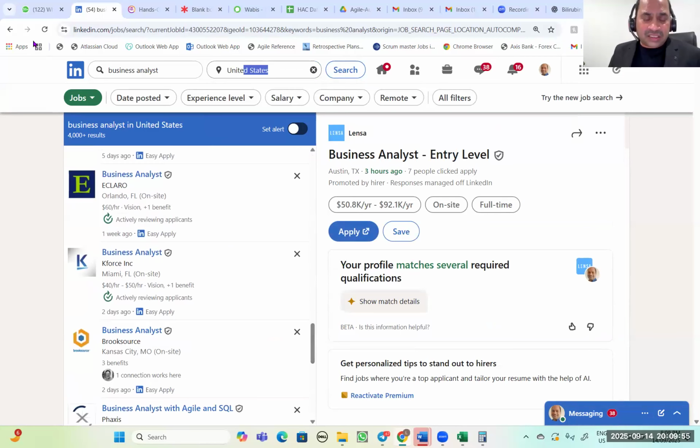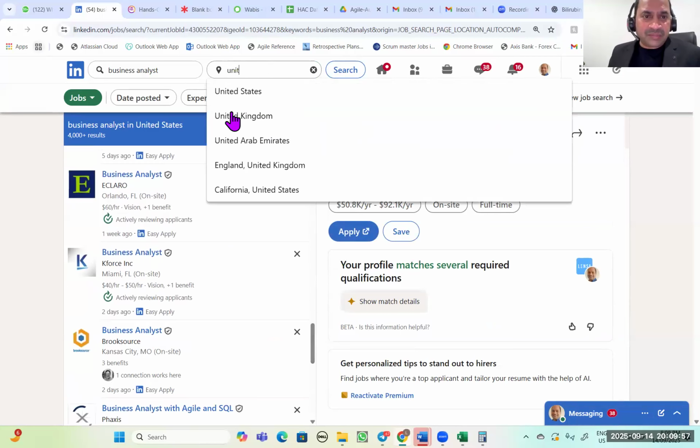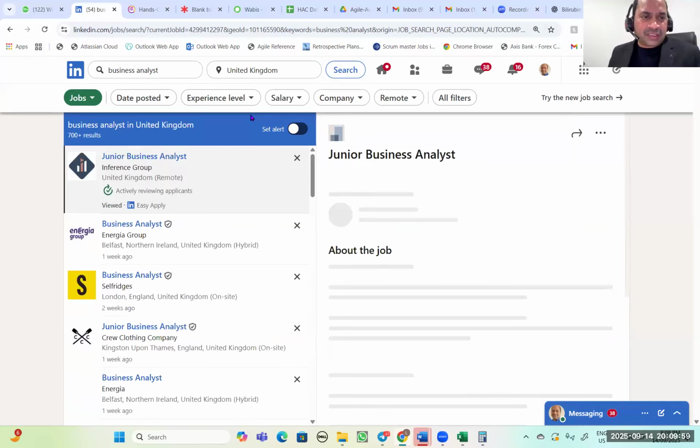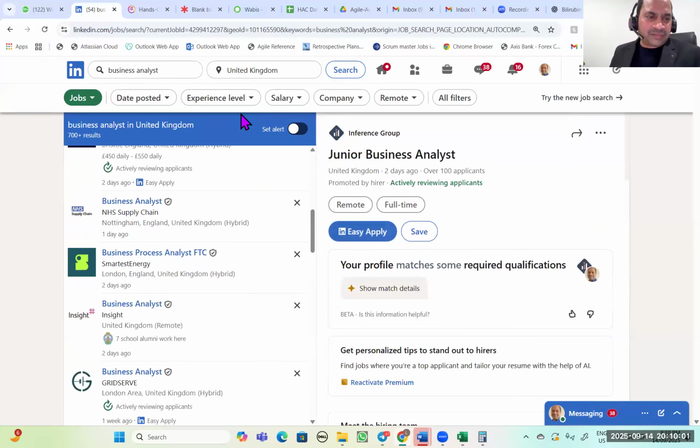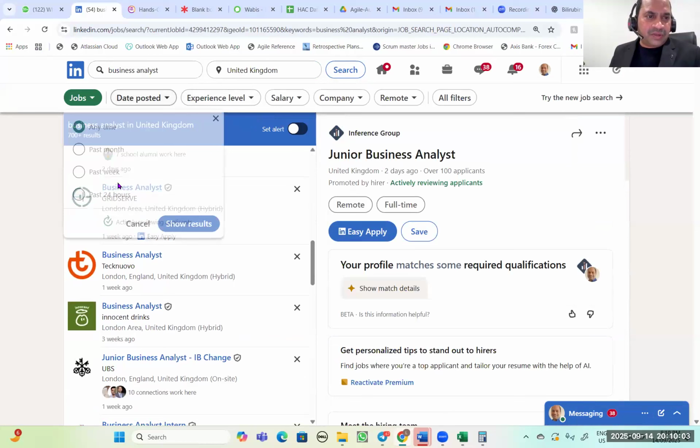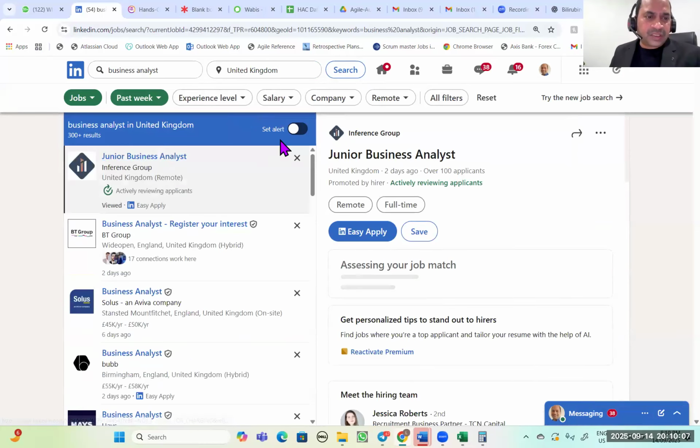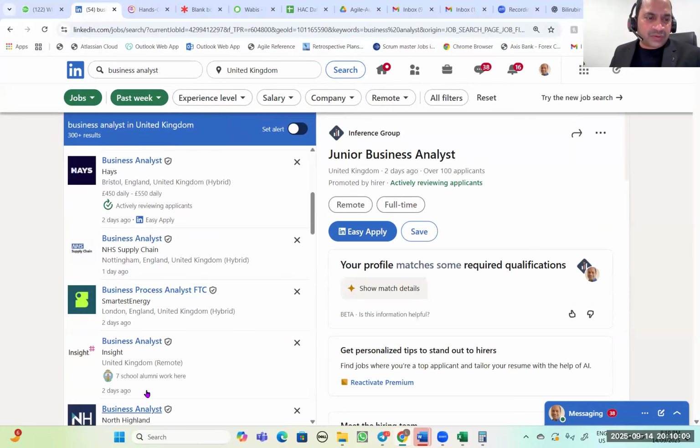Let's say you joined from the United Kingdom, same, you see here, even the jobs that got posted in the last 1 week. You can apply the same logic to the rest of the world like India, Australia. Anywhere you can find the need for business analysts. Every company, every project needs a business analyst.